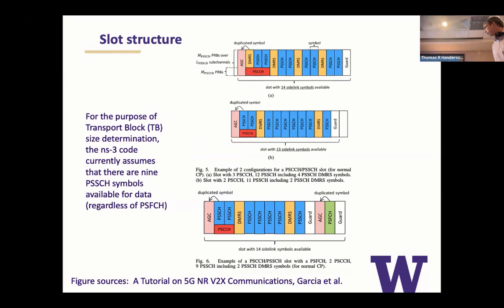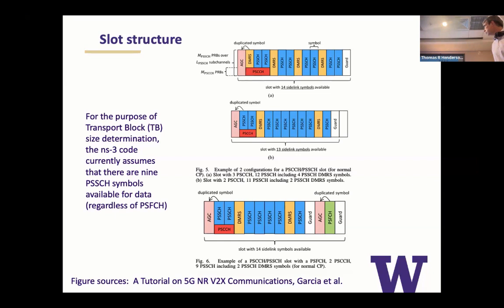Slots typically will have either 12 or 14 symbols available. I think these are all 14 symbols in this particular configuration. I think it depends on the configuration of the cyclic prefix at the physical layer.